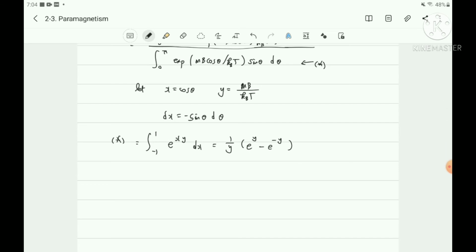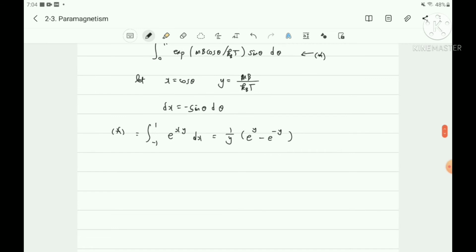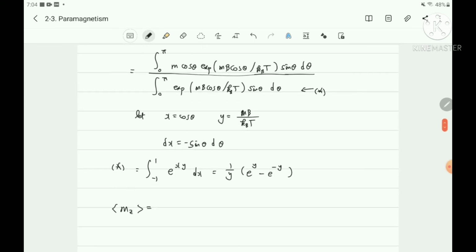Therefore, the average value of the g component of the magnetic moment is m times the integral from minus 1 to 1 of x exponential xy dx in the numerator, over the integral from minus 1 to 1 of exponential xy dx in the denominator.